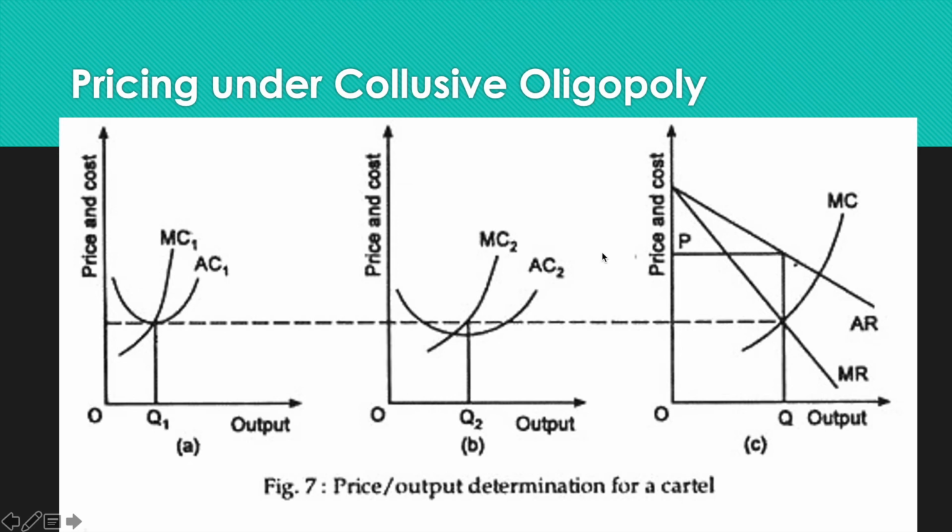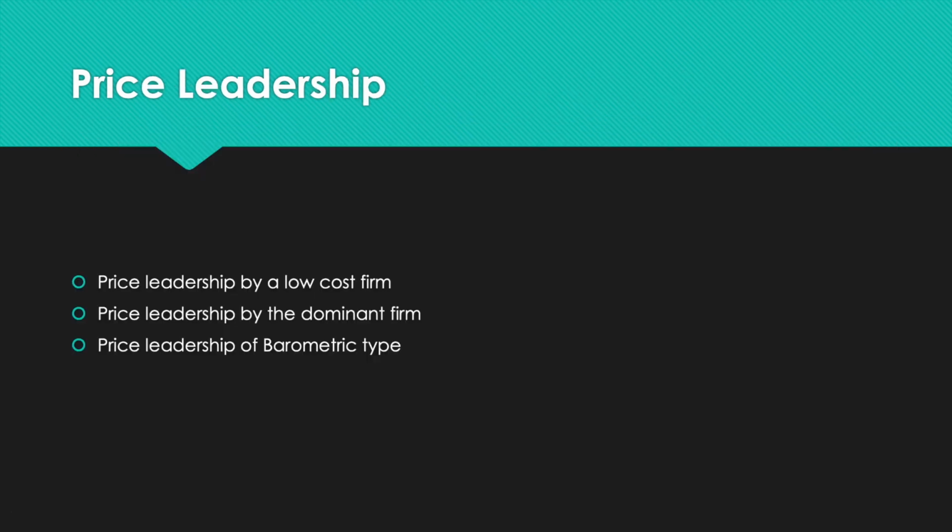So now moving on to price leadership. Now, price leadership is basically this: since in oligopoly there's interdependence, a firm does not have an independent character to decide its prices or its output levels. When there are differentiated products in the market, it is obvious for the prices to change and shift.